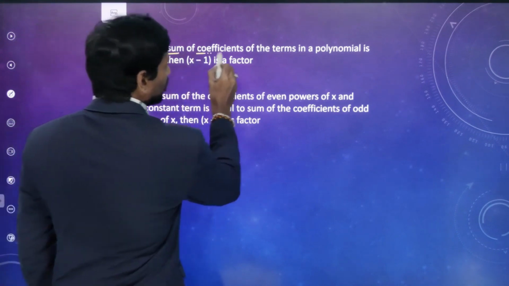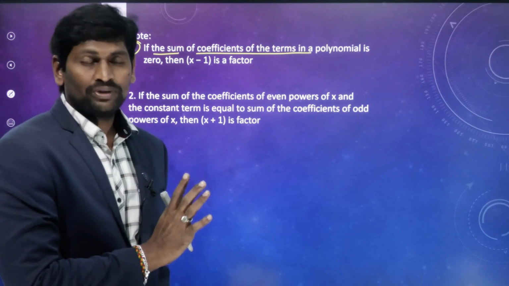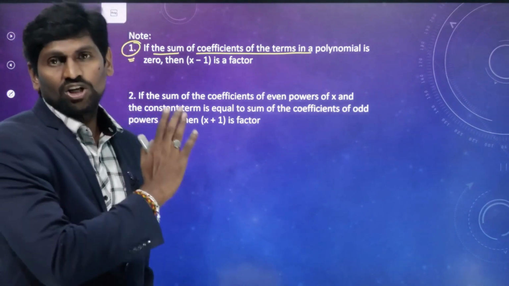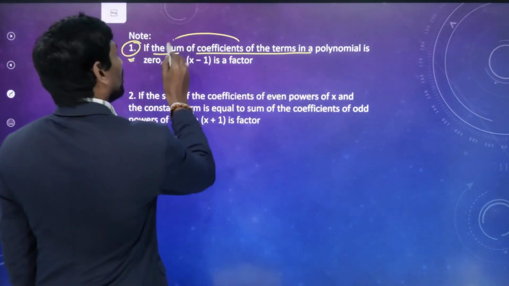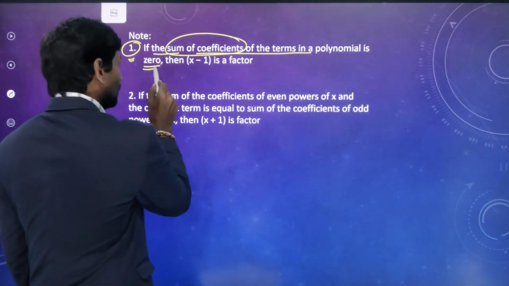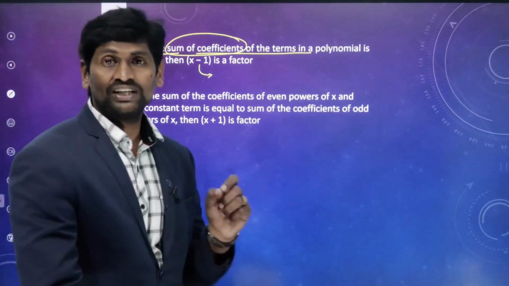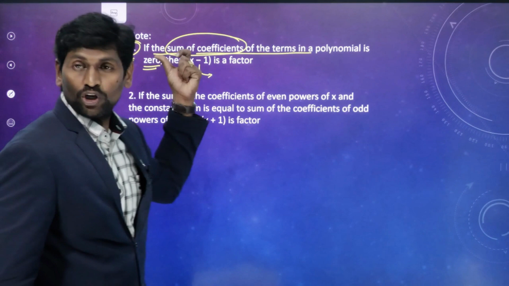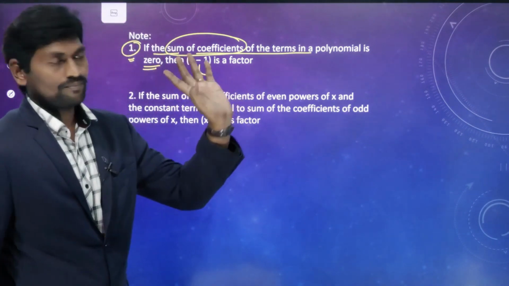If the sum of the coefficients, whether it is a cubic or biquadratic, whatever the polynomial is, we need to check all the coefficients and add them. If the sum of coefficients becomes 0, definitely x minus 1 will be a factor. That means 1 is a solution. If the sum of all the coefficients of a polynomial becomes 0, then x minus 1 is a factor.